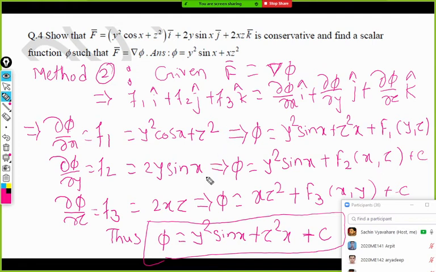I'm not writing some lines here. Like after this, you can write here: integrating with respect to x, then only you get this equation. Integrating this with respect to y, you get the second equation. Integrating with respect to z, you get the third equation.